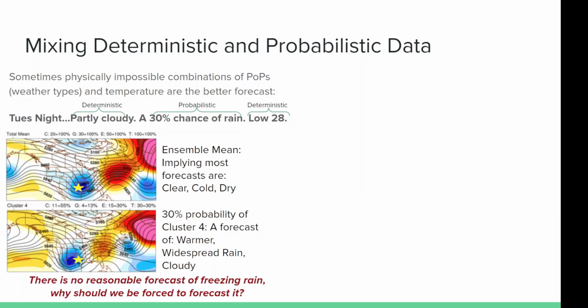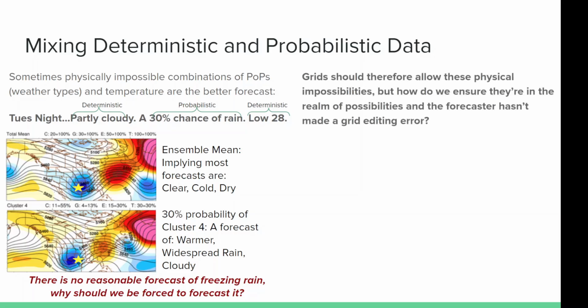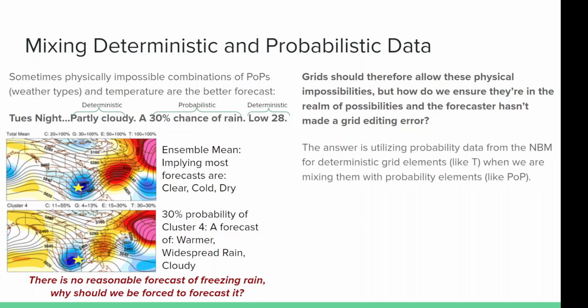Given this setup, why should we be forced to mention freezing rain when it's just not depicted in any single ensemble solution? And on the flip side, should we allow rain to be mentioned with freezing temperatures? And for that matter, how can we make sure that the forecaster just didn't inadvertently make a grid editing error?